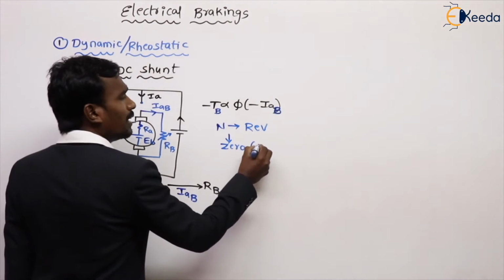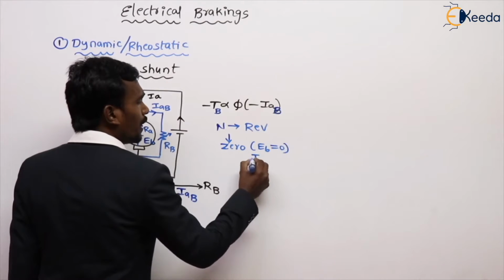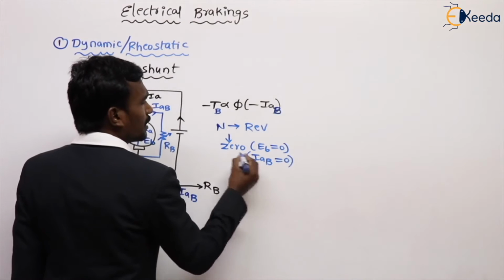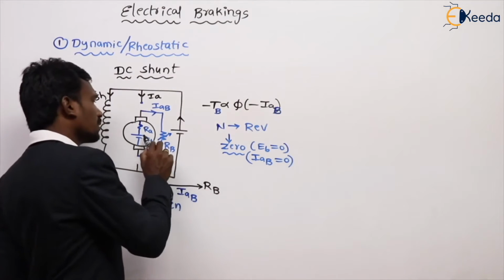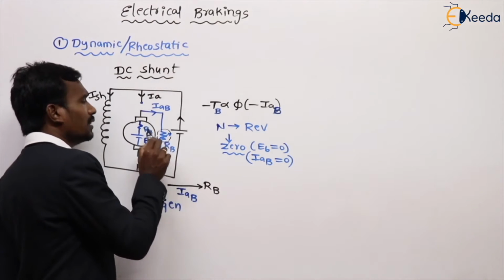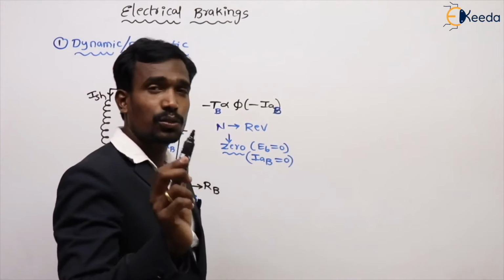When our EB equals 0, or when our braking current equals 0, then our speed also goes to 0. When the total power is dissipated in the braking resistance, the total power is 0. At that condition, the speed comes to 0.